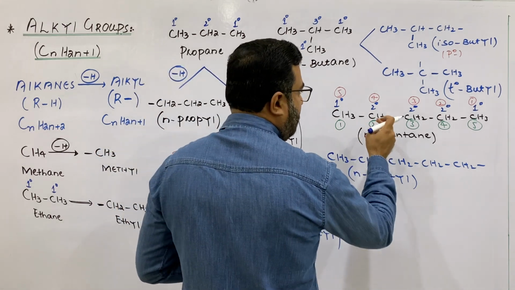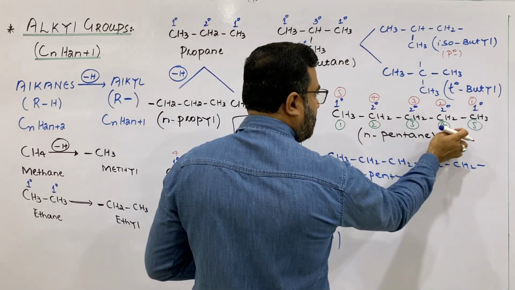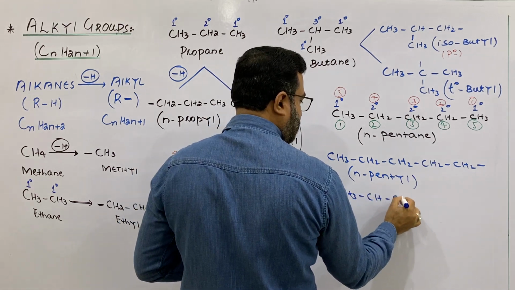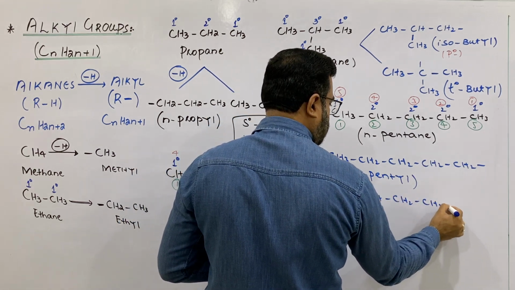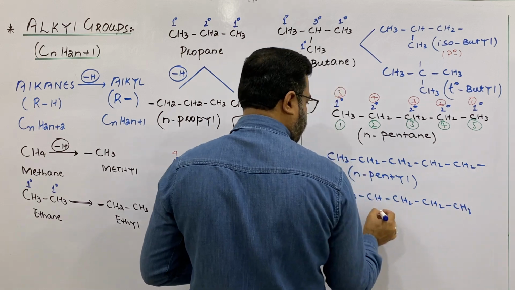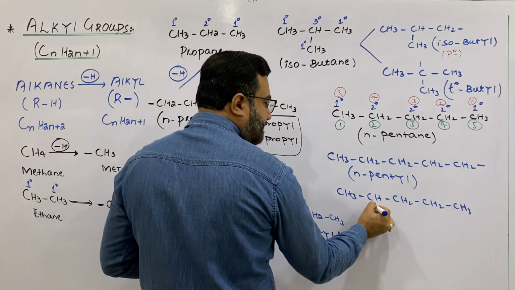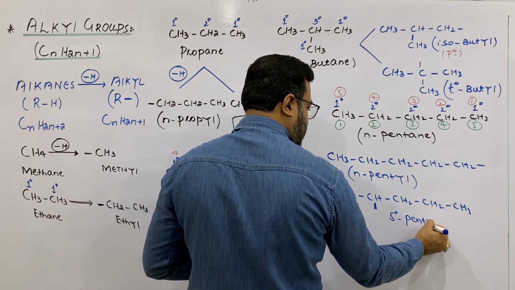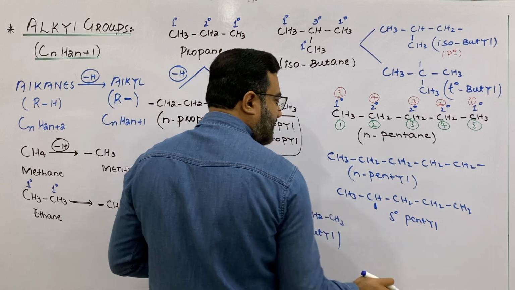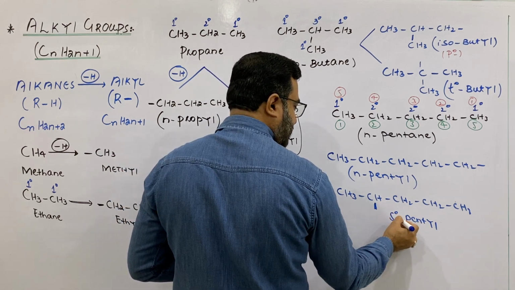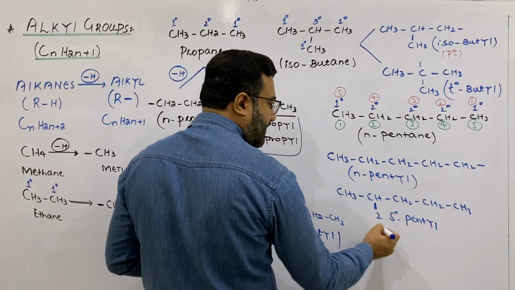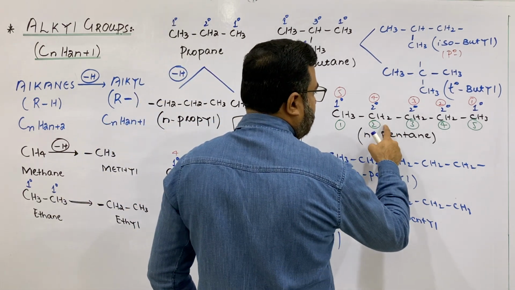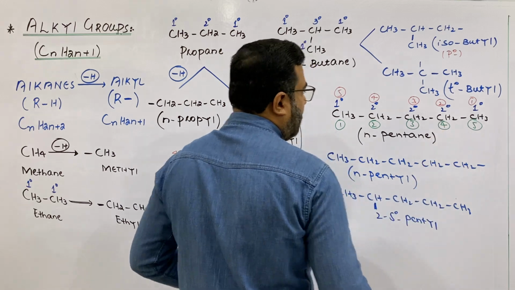When you remove hydrogen either from this carbon or this, which are equivalent, you will get CH3, CH2, CH2, CH2, CH3. Now this one is a secondary pentyl. But my dear students, this is basically a 2-secondary pentyl because you have removed hydrogen from carbon number 2.